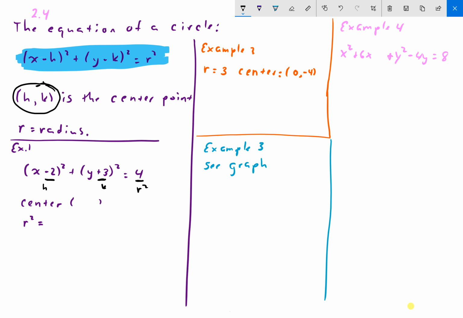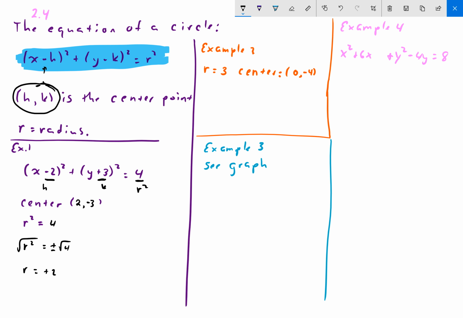So h is 2, and k is negative 3, because y plus 3 is y minus negative 3. And r squared is 4, which means that my radius is the square root. Remember, you have to do plus or minus. So my radius is plus or minus 2, but because we're talking about a radius, a positive distance away from the center, it ends up being r equals 2.